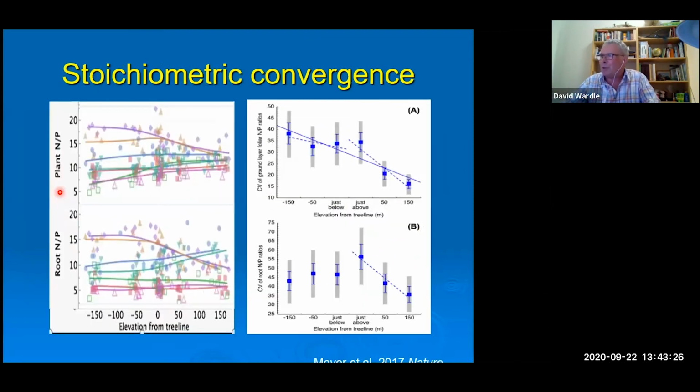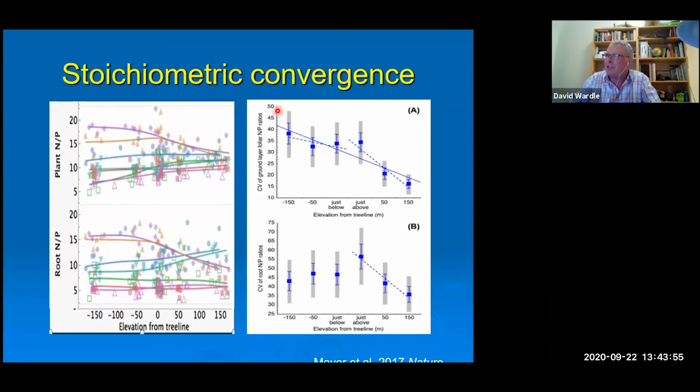And as a result, when we consider the N/P ratio, we end up with what we call a phenomenon of stoichiometric convergence. What this means simply is the ratios of nutrients converge at higher elevations among locations. So same as before, every color is a different region. They all have similar values at high elevation, particularly for the foliage and to some extent for the roots, and they diverge when things get warmer.